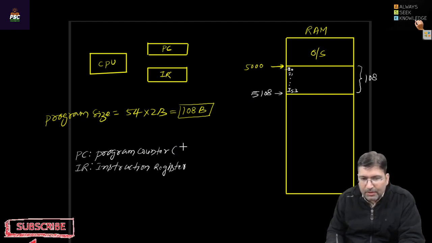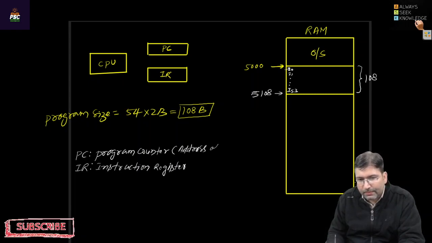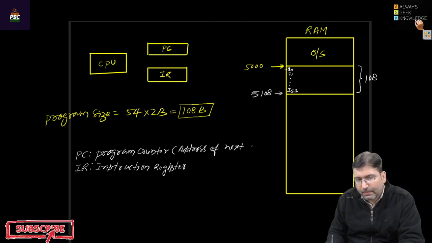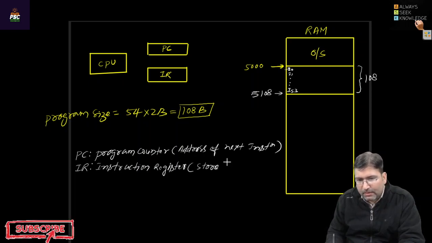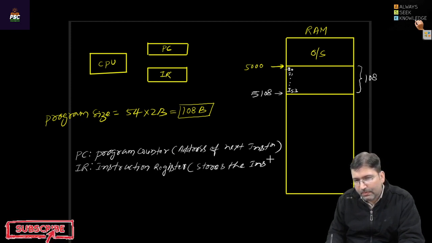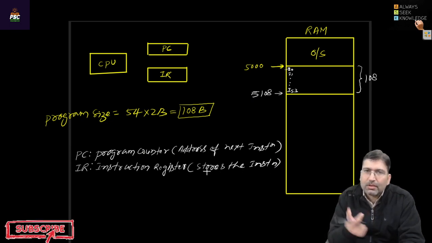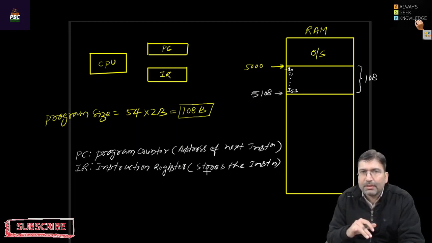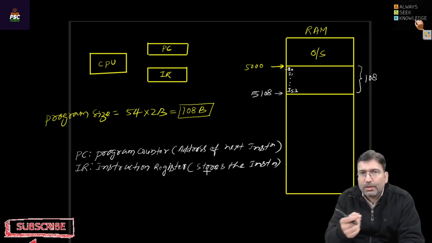The program counter stores the address of the next instruction to be executed, and the instruction register stores the instruction which is currently being executed. So what instruction needs to be executed next, its memory address will be stored in PC.